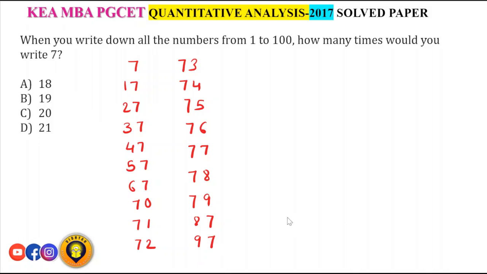So how many times is there 7? See, 1, 2, 3, 4, 5, 6, 7, 8, 9, 10, 11, 12, 13, 14, 15, 16, 17, 18, 19, 20. So there are 20 times 7s. The answer here is 20.